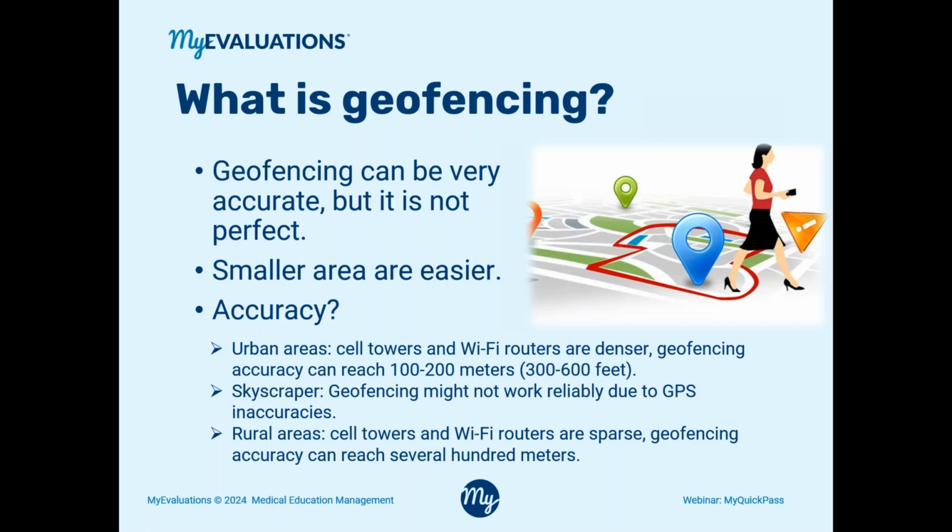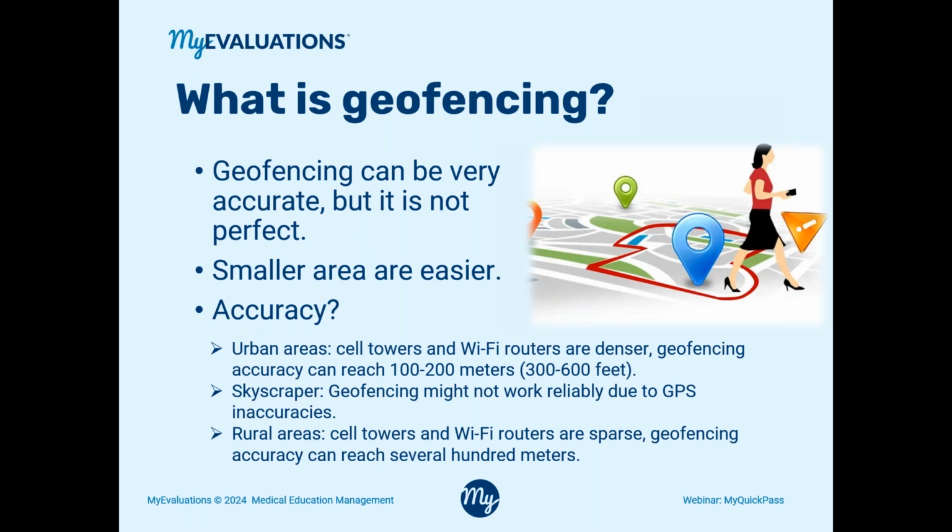This isn't limited to the MyQuickPass technology, but it's limited to the iPhone technology and the Android technology in terms of how sensitive those are. And we have to balance that sensitivity with how much power we're consuming from the device. If we were checking every second, we would be much more accurate.